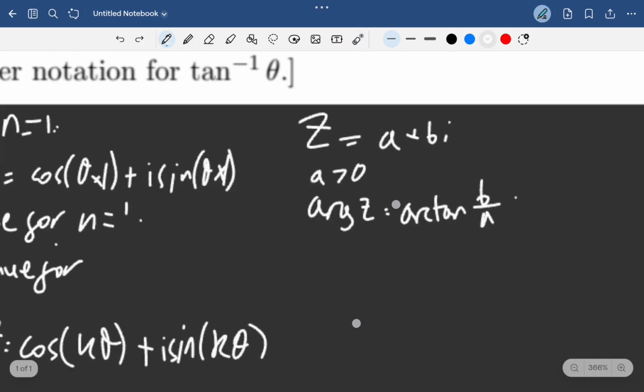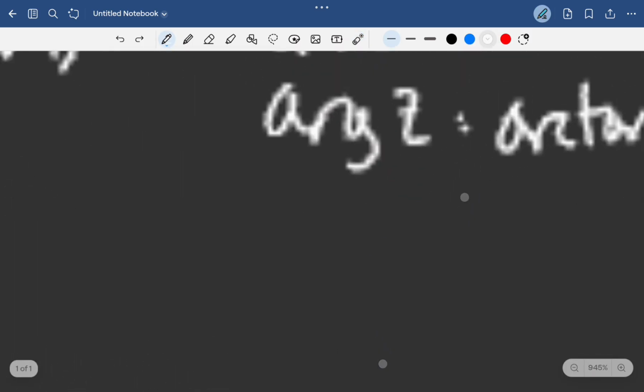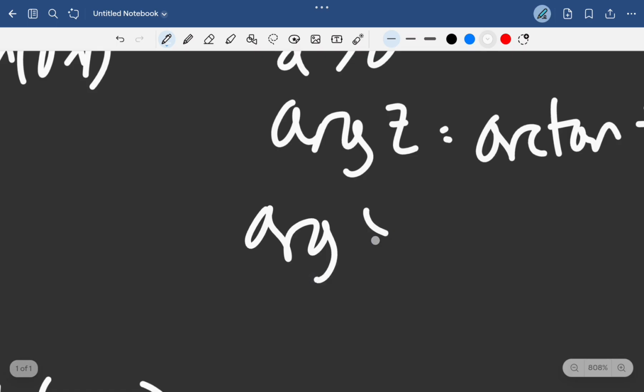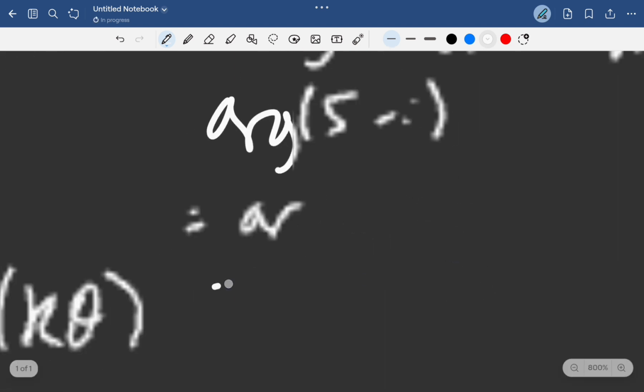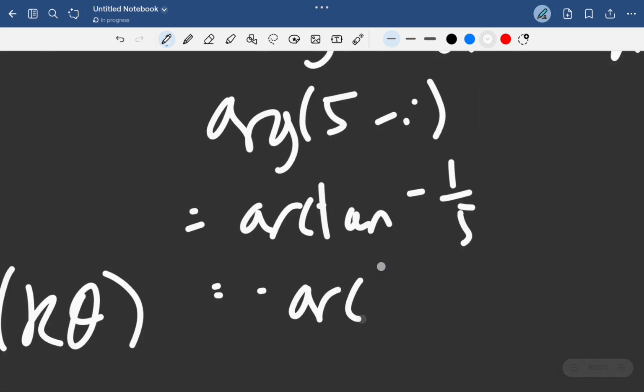So the argument of 5 minus i is arctan of minus 1 over 5. But since arctan is an odd function, this is also minus arctan of 1 over 5.